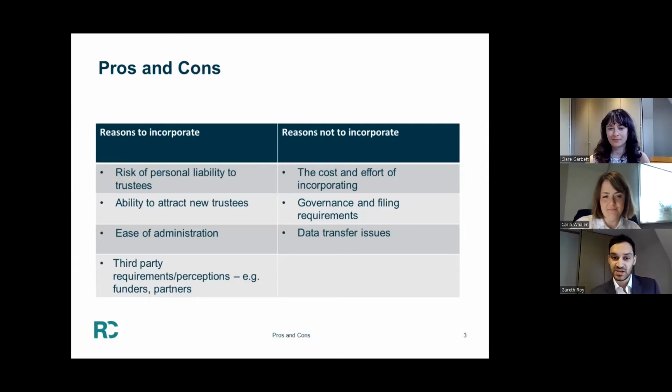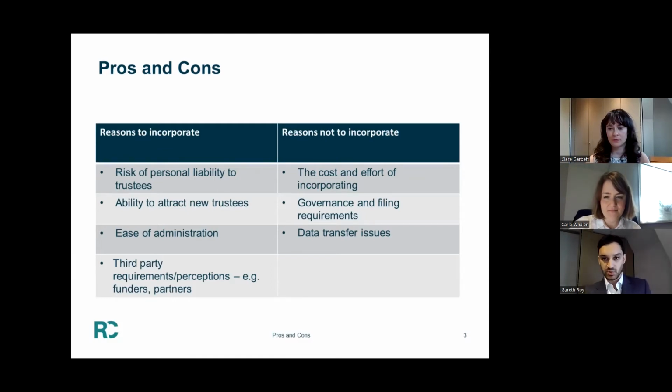Final advantage to mention is sometimes other stakeholders' perceptions of the charity. There's an idea of professionalization that sometimes comes with incorporating that can help with things like certain accreditations or getting a certain transaction through.